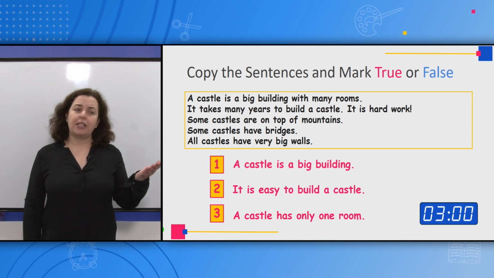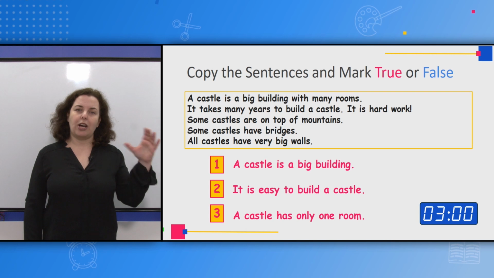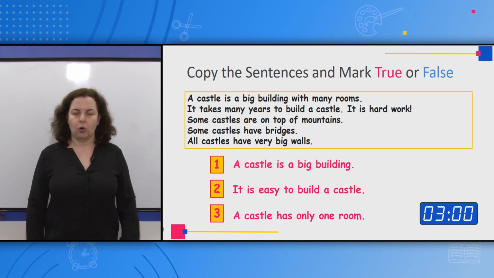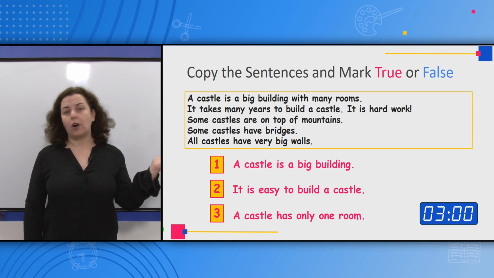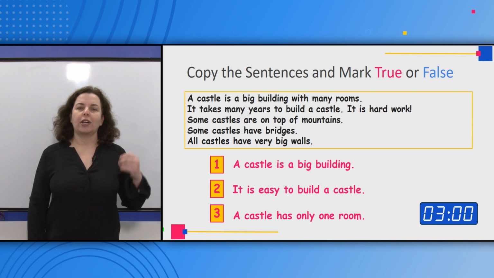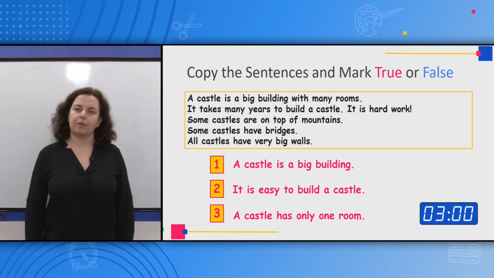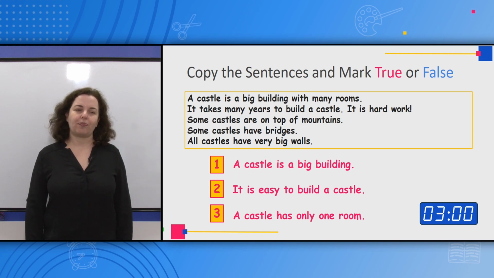Now, copy the sentences and mark true or false. You have the little text in front of you and you have the 3 sentences below. I would like you to write either true, emet, or false, sheker. Number 1, let's read it together. A castle is a big building. Is it true or false? What do you think?